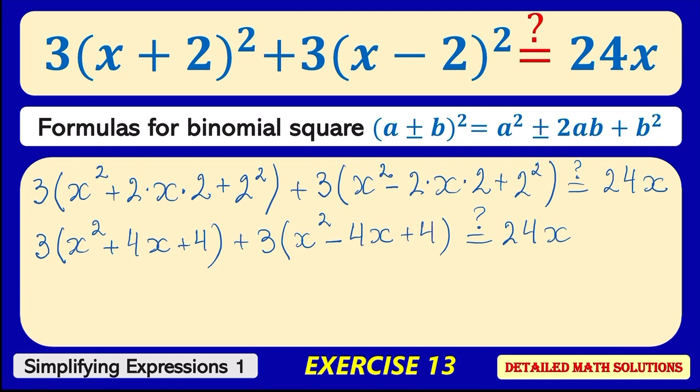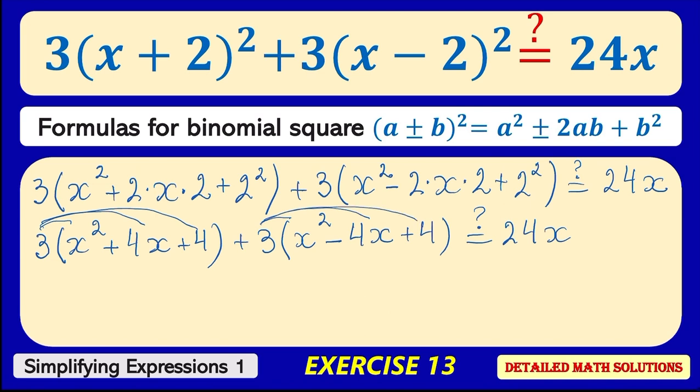As a next step, I'm going to open parentheses by multiplying 3 with each term within the parentheses. I'm going to multiply 3 by x², then by 4x, and then by 4. And for the next parentheses, I'm going to do the same: 3 by x², 3 multiplied by negative 4x, and then by 4.